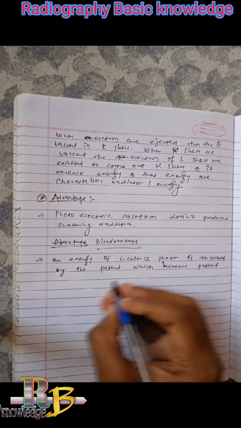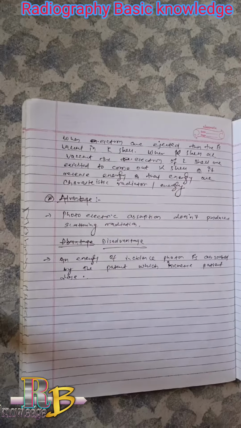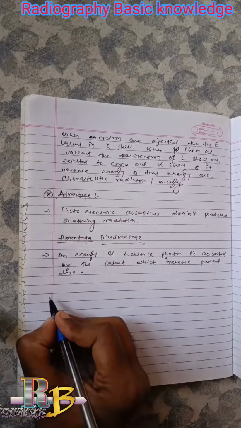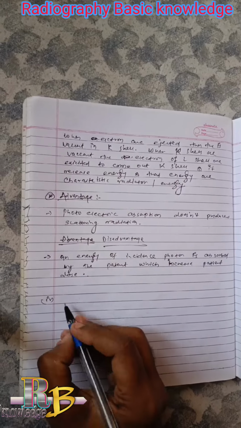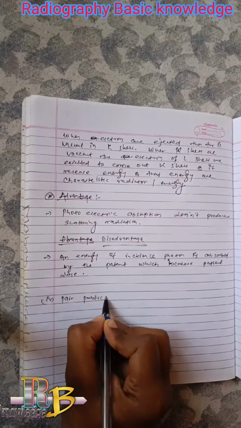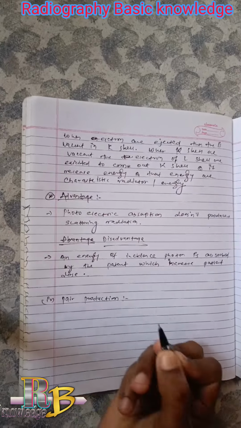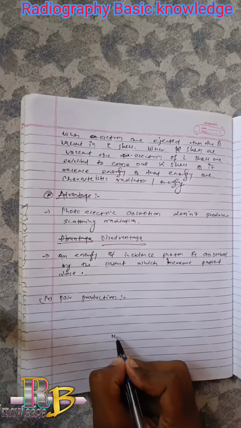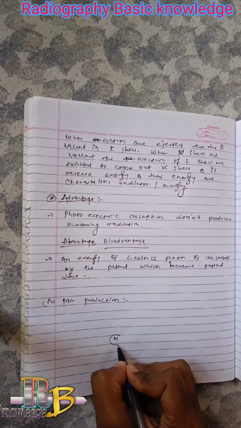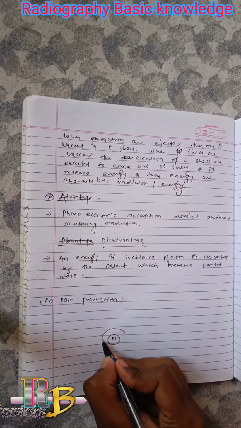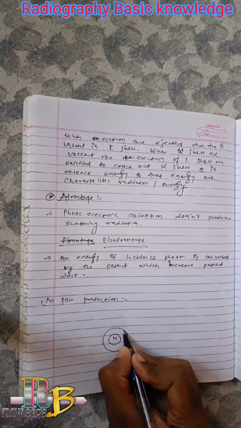Process number four is pair production. It overcomes the electrostatic force of the nucleus.